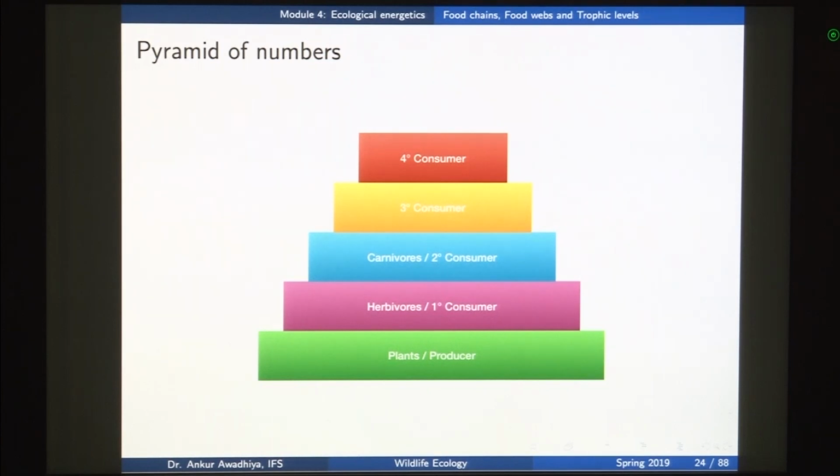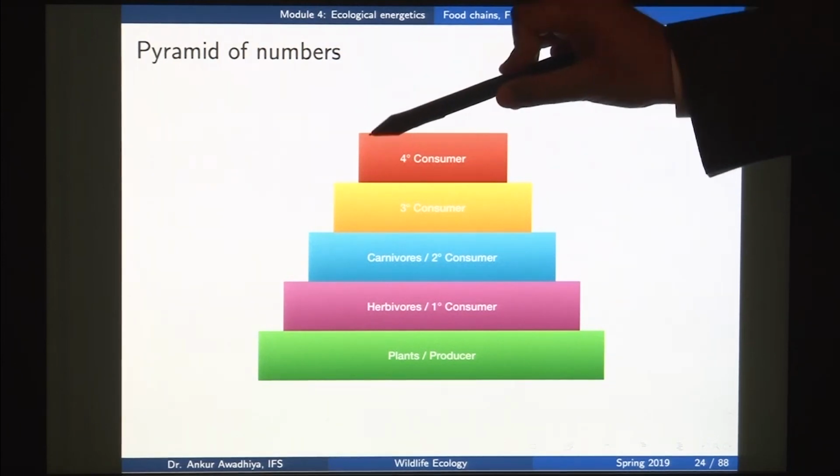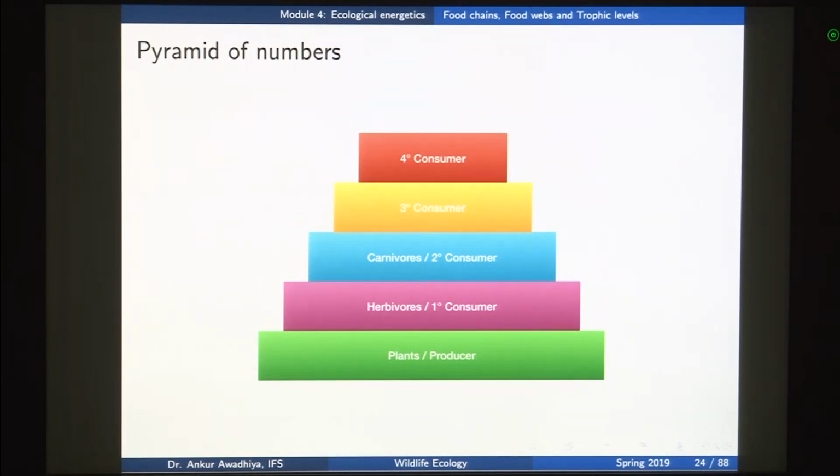So, this pyramid shows us the number of individuals at each trophic level. For instance, if there is an ecosystem with tigers and leopards, and both are apex predators, or quaternary consumers, this block will tell you how many tigers plus how many leopards there are. You put both numbers together and you reach this level.